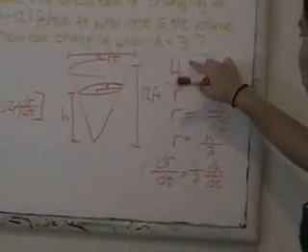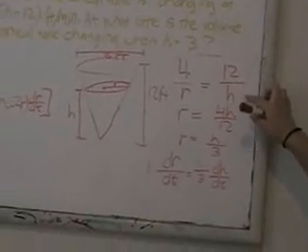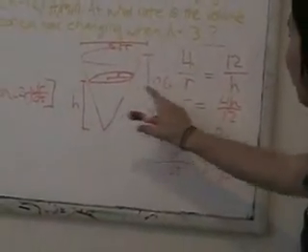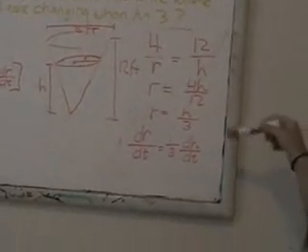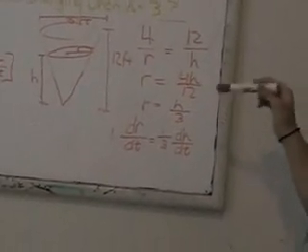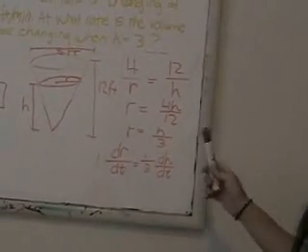This is the radius of the cone, and the radius of the water, and the height of the cone, and the height of the water. So what we're going to do to get r is to cross multiply. So r equals 4h over 12, which you simplify to h over 3. So to get dr over dt, you just differentiate. So dr over dt equals 1/3 dh over dt. So now we have r and dr over dt.